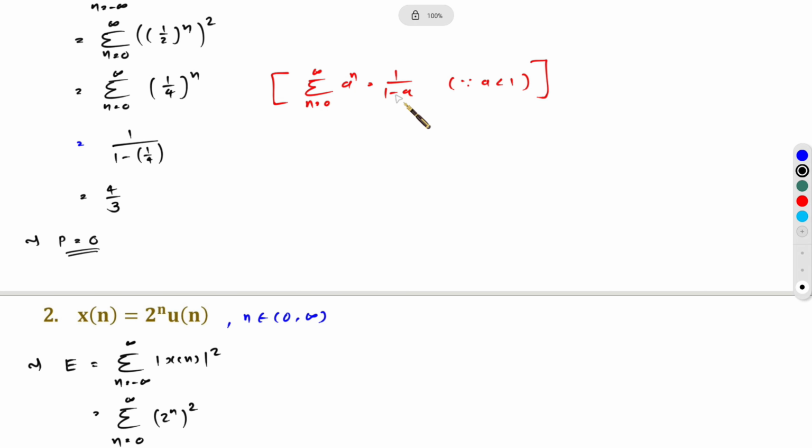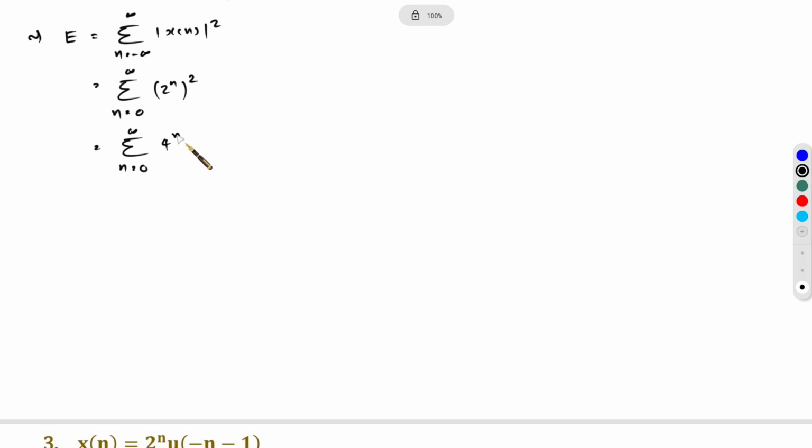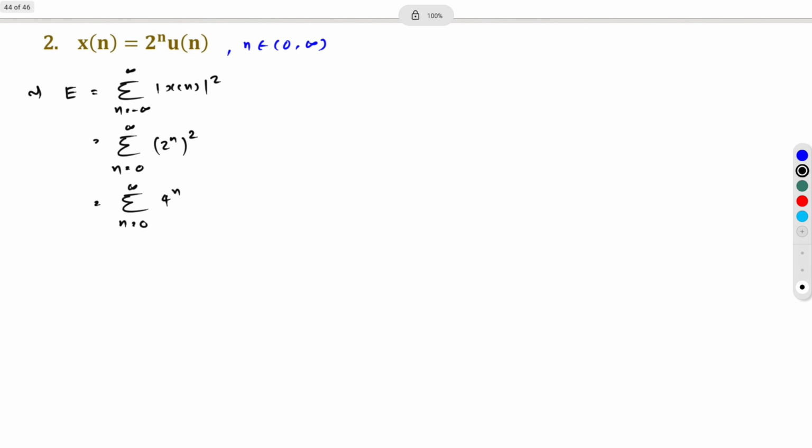This value is there for a lower than 1. But here if you observe, we have 4^n with this series. So obviously this is infinity. With this you cannot apply that same equation, right? So here energy is infinity.